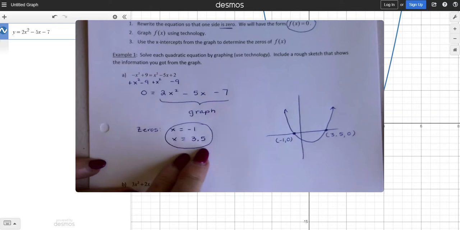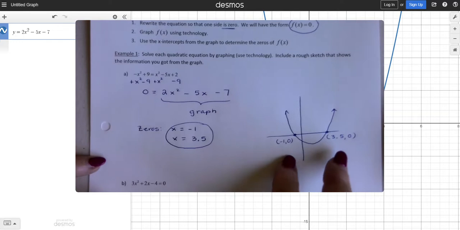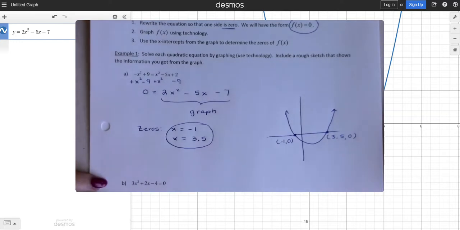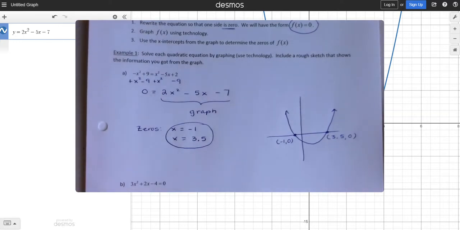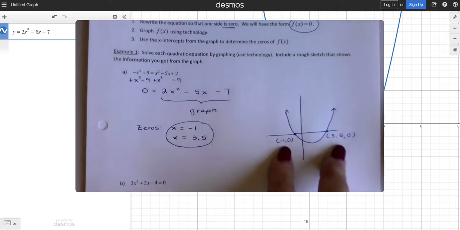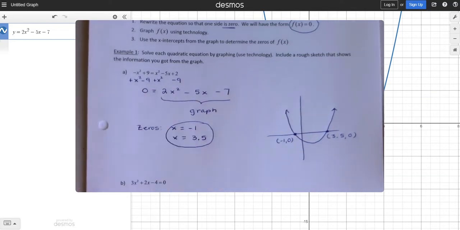You don't have to be more accurate with your sketch than that. I just need to see the part that's relevant to locating the zeros. So solving equations graphically is fairly straightforward, right? We make sure it's equal to 0, look for the x-intercepts, and the x-intercepts then give us the zeros of the function. Let's try a couple more.